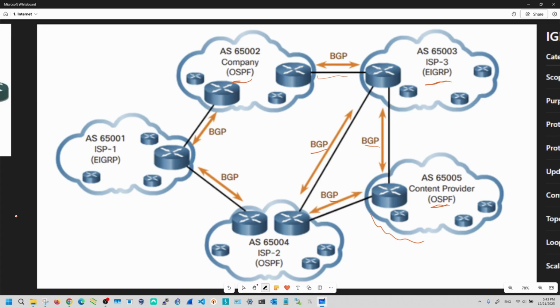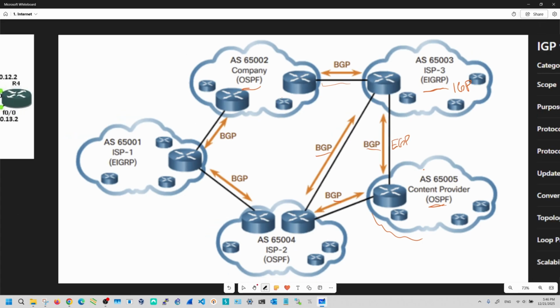EIGRP and OSPF are considered to be internal gateway protocols, and BGP is considered to be an external gateway protocol. And there is a fundamental difference between the EGPs and IGPs, how they form neighbor relationships and how they scale. Internal gateway protocols scale really well within autonomous systems, and BGP scales really well between autonomous systems.